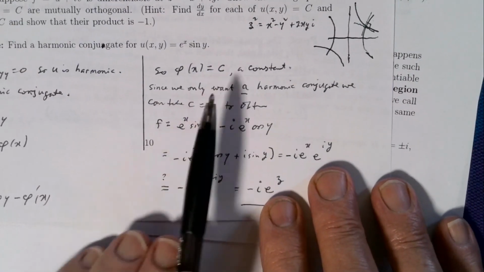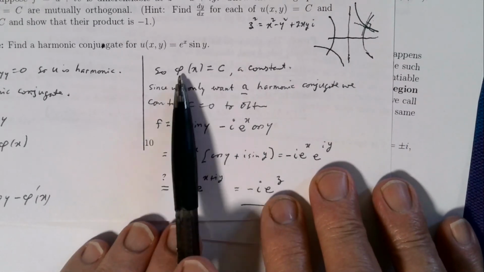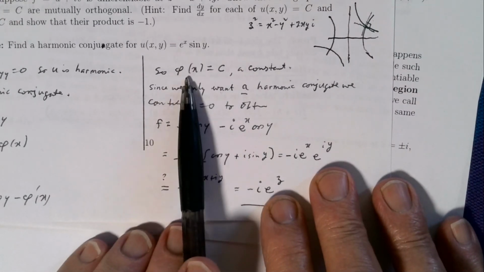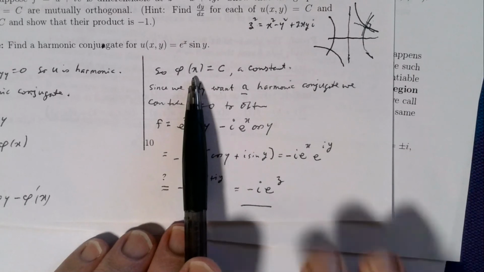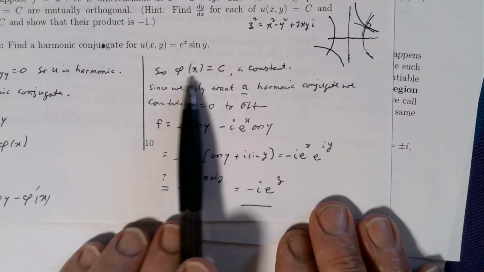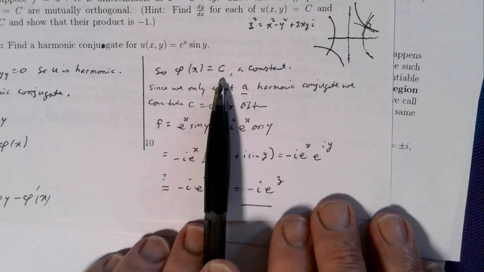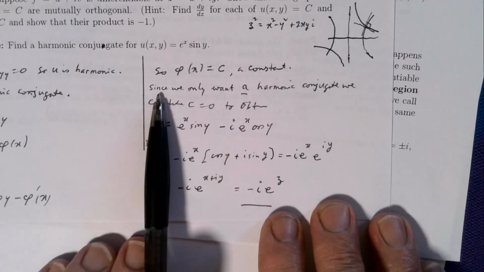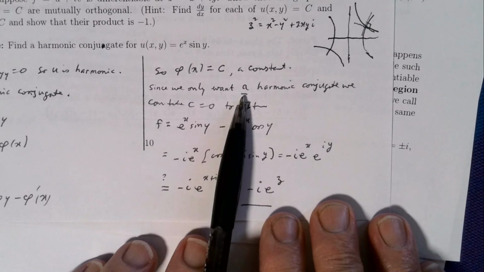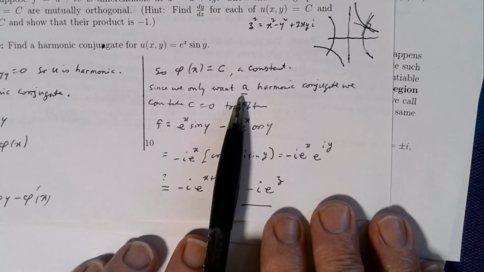This doesn't always happen, but for a harmonic function I should say, you'll always be able to get a formula for this just involving x. Here it turns out to be a constant. Now, the question actually says find a harmonic conjugate, so I'm going to just find one.